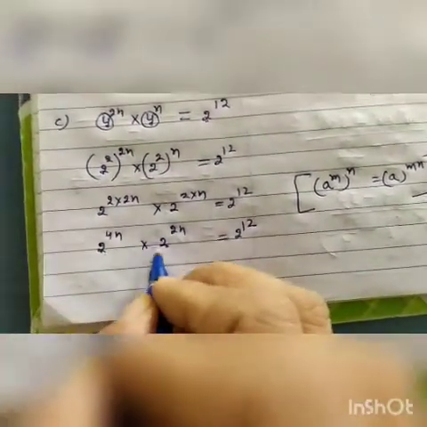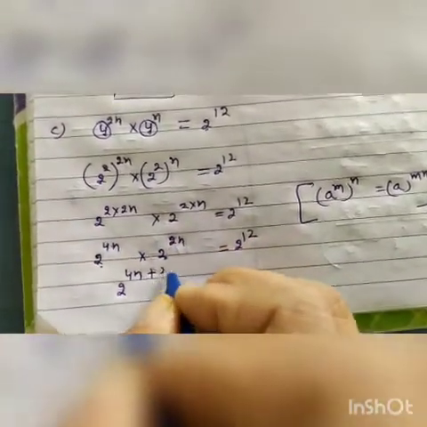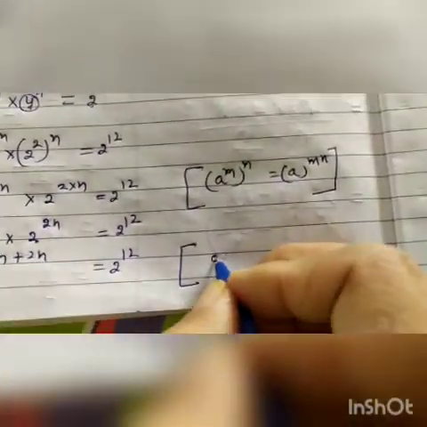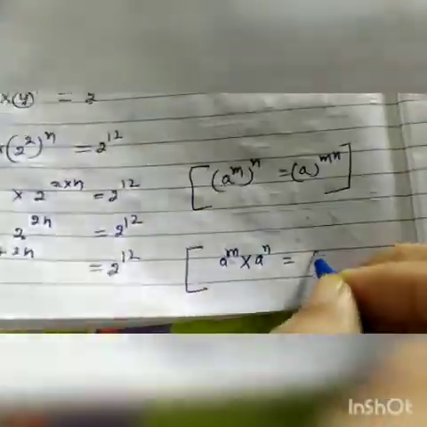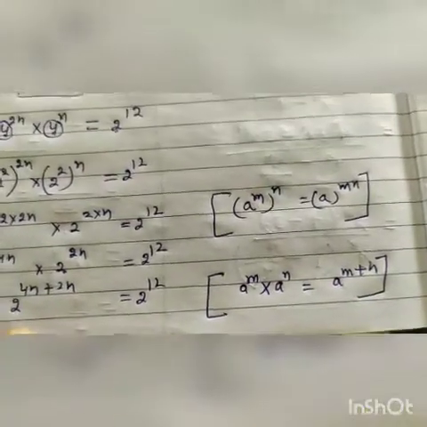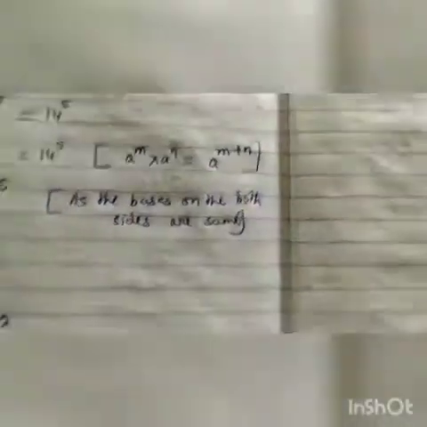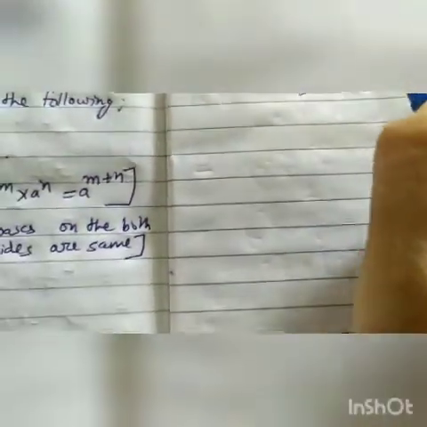Again, now both the bases are same. We can write it 2 power 4n plus 2n is equal to 2 power 12. Here which law have we used? Product law. A power m into a power n is equal to a power m plus n. Clear? Now this can be written as 2 power 6n, because 4n plus 2n is 6n, equal to 2 power 12.